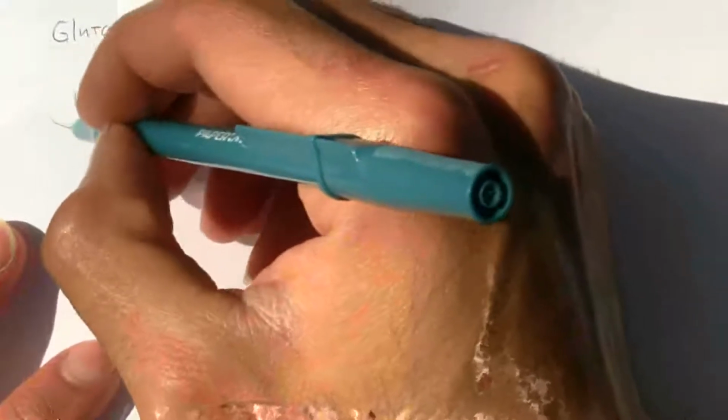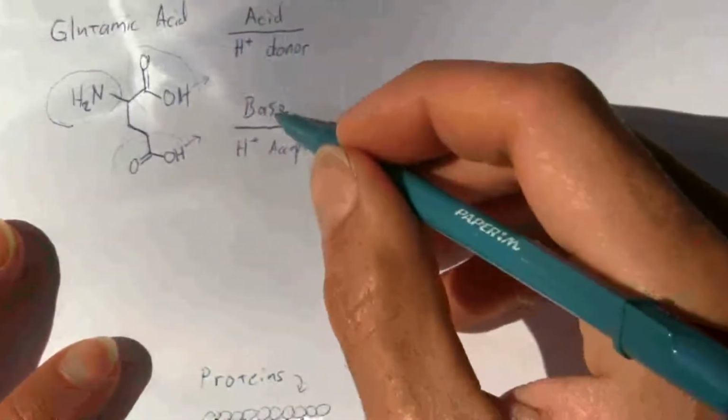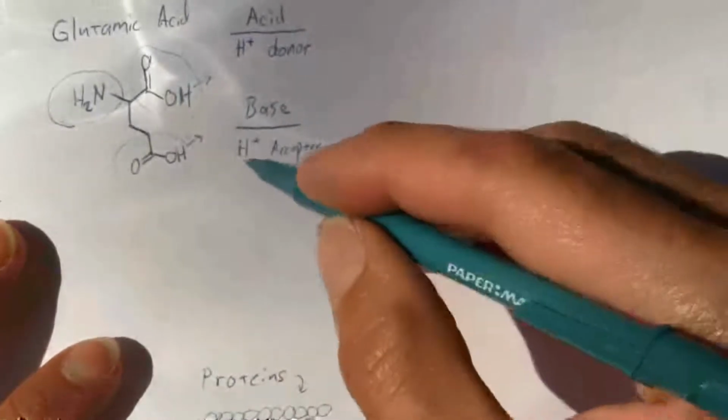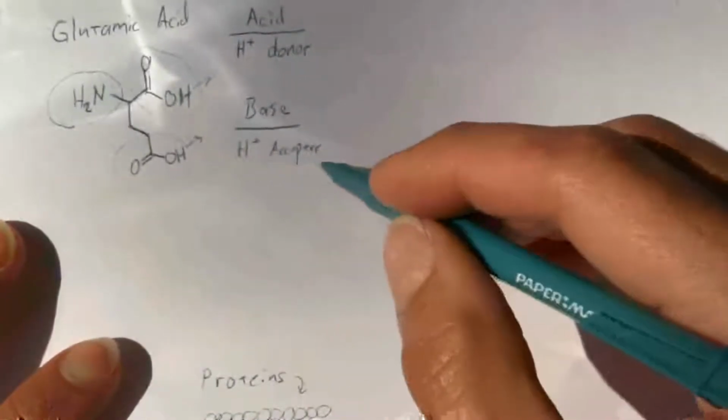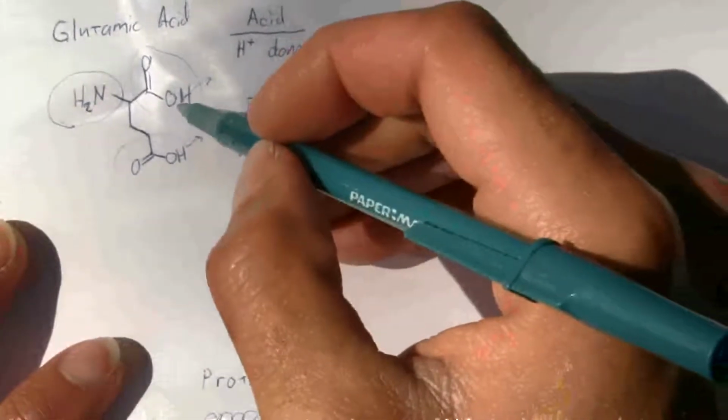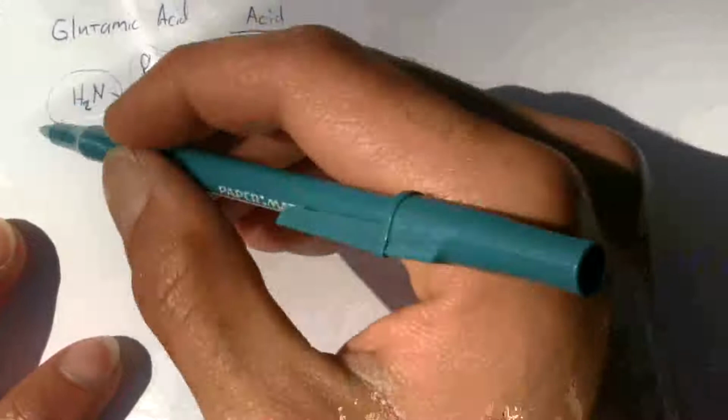Now over here, this amino group, on the other hand, is actually a base. Amines are basic, and that means it's a proton acceptor, or a hydrogen ion acceptor. So here we're giving up a hydrogen ion, here we're accepting a hydrogen ion.